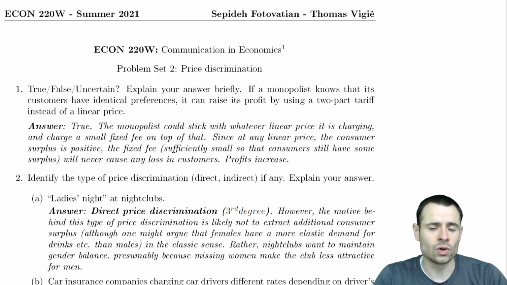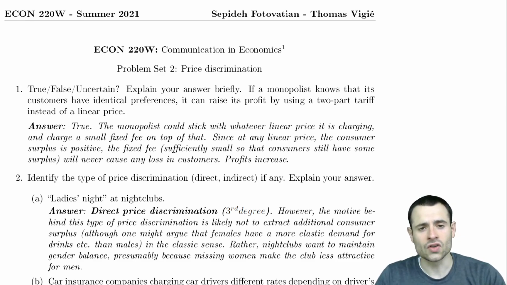If first degree price discrimination is not possible, then the monopolist might not be able to charge a different price to each consumer. Rather, it will have to charge the same price to each of them. But if they all have the same preferences, then the monopolist can use that to extract additional surplus on top of a per unit price.